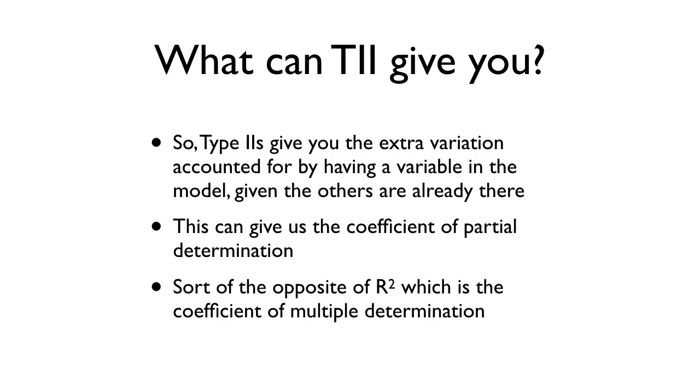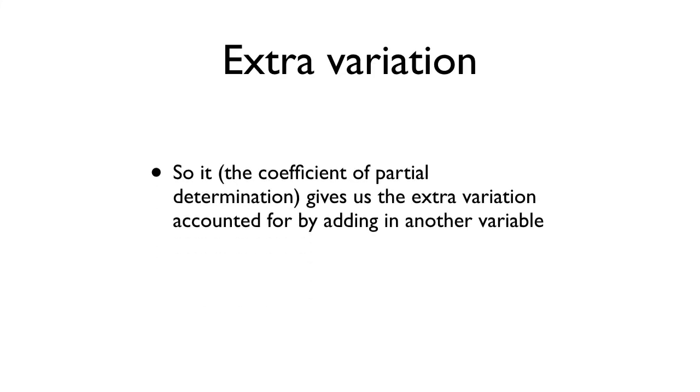It's kind of like a correlation coefficient in a lot of respects. So the coefficient of partial determination gives us the extra variance explained, accounting for the other variables. It's sort of like you're statistically controlling for something. It's a measure of extra variance explained only with that variable.